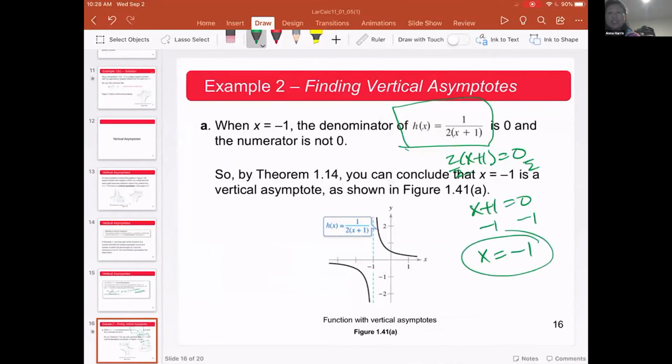So at x equals negative 1, h of negative 1 does not exist, which means x equals negative 1 is your vertical asymptote. So that's why you have this asymptote right there. That's how you found your vertical asymptote. A vertical asymptote means you have a rational function. You set your denominator equal to 0 and figure out what x makes the denominator equal to 0.